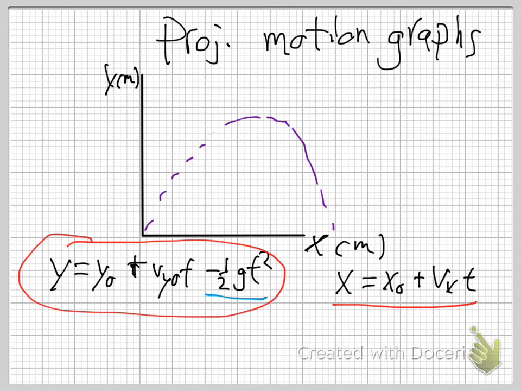So using any of these equations, if we were to pick a random point, and we know its x and y coordinate, and we know the initial velocity, then we can solve for time. Okay, so that's one graph that we should be familiar with.